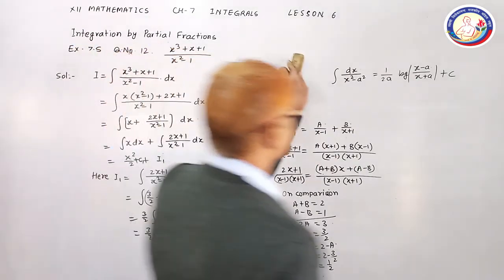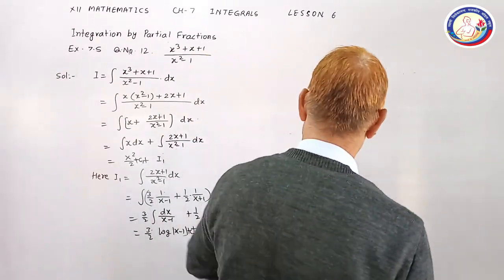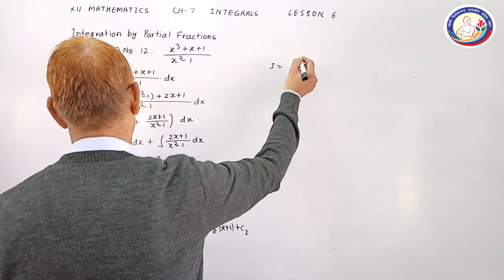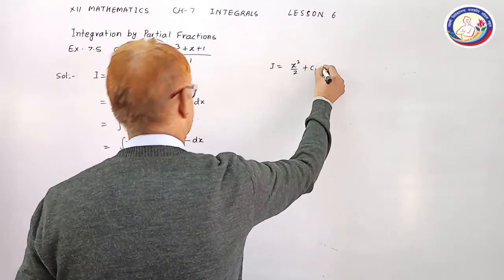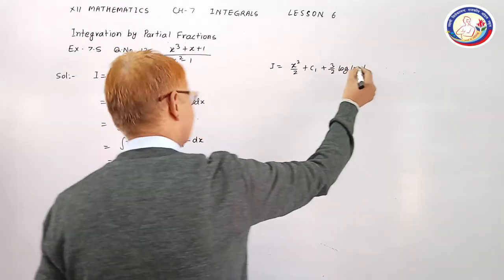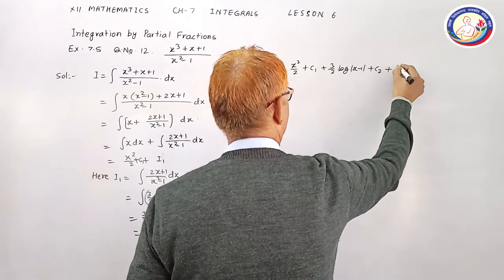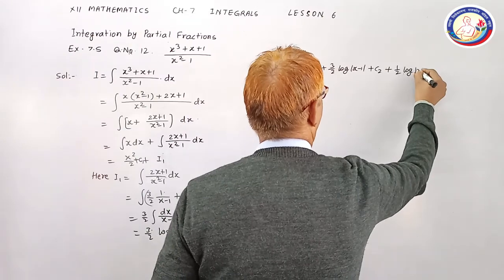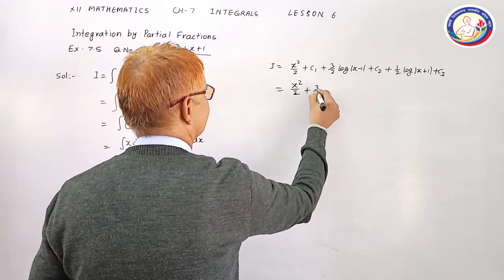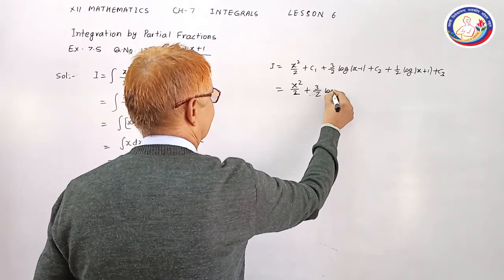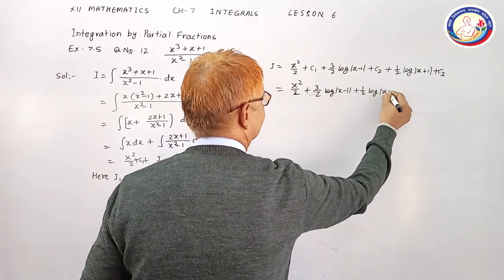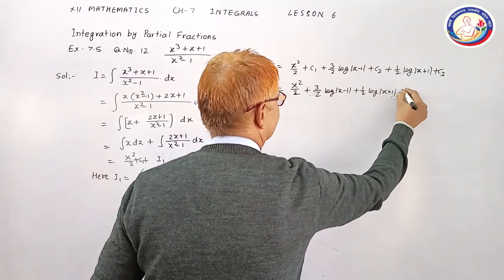So what is I here? I will be equal to x square by 2 plus c1 and then plus 3 by 2 log of x minus 1, its absolute value, plus c2, and plus 1 by 2 log of x plus 1 plus c3, and we will get x square upon 2 plus 3 by 2 log of x minus 1 plus 1 by 2 log of x plus 1 and then a single constant of integration, that is c.